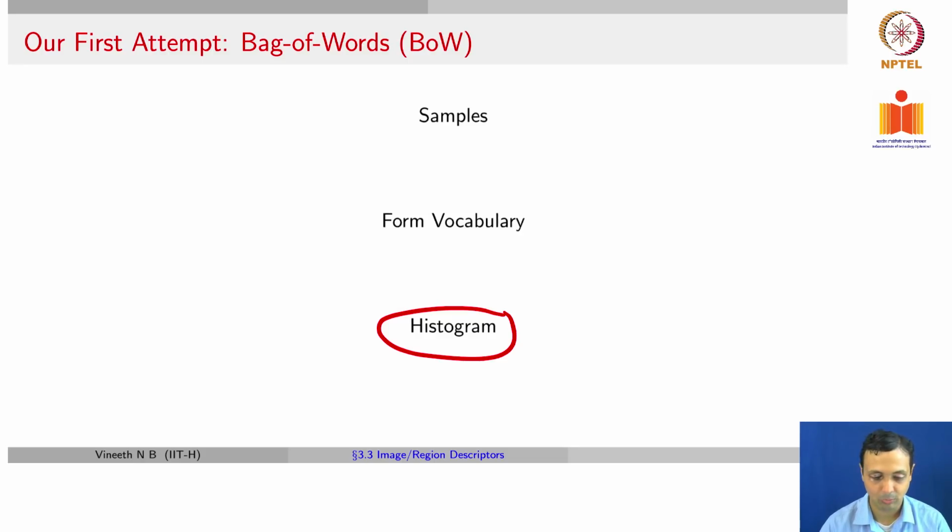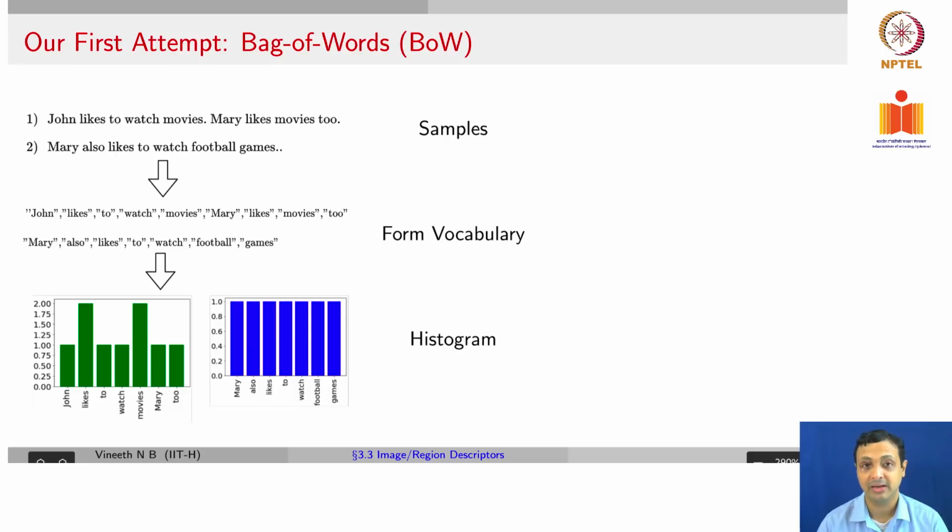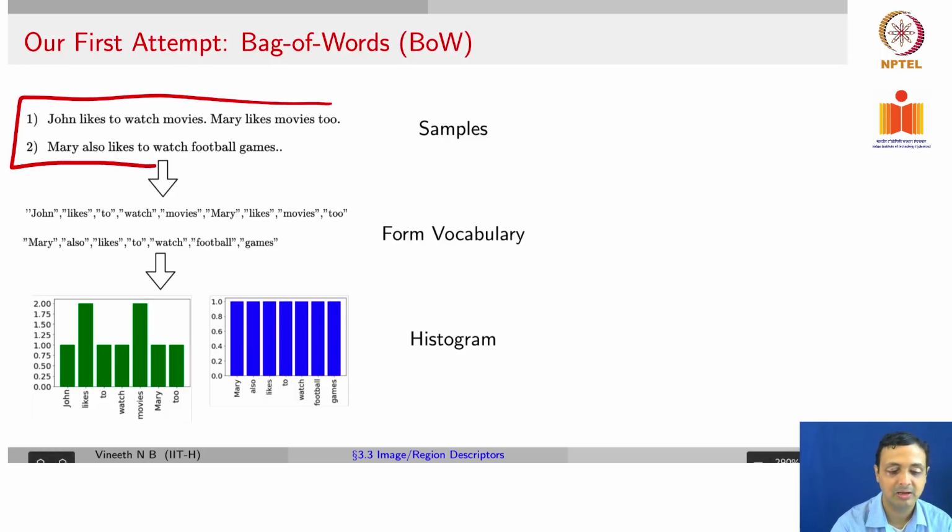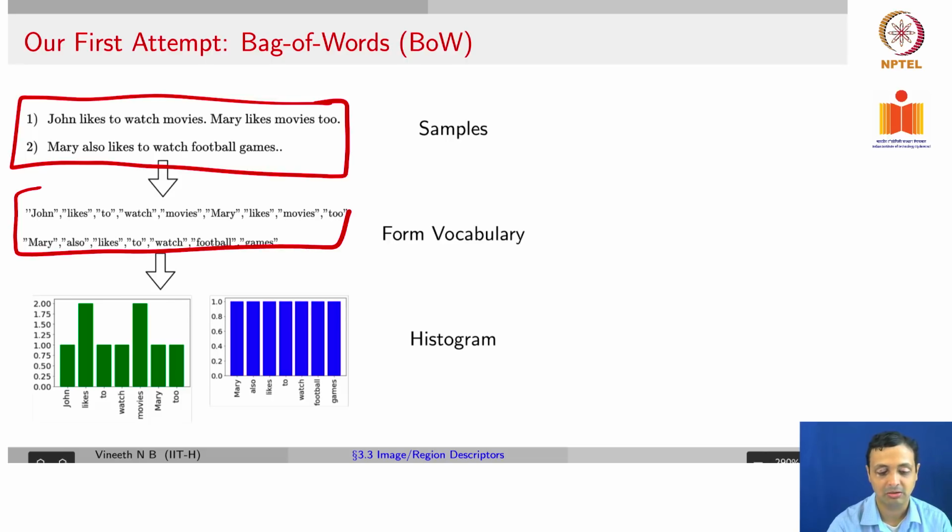Let's try to describe that in more detail. If you had text information, your samples would simply be different sentences. Your vocabulary would be all the possible words occurring in these sentences.